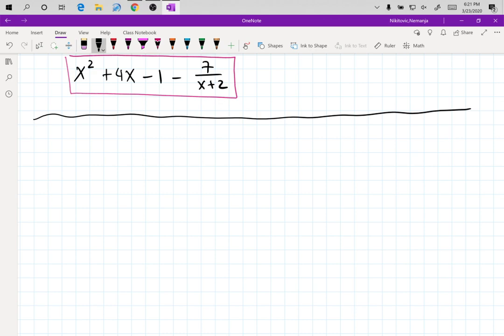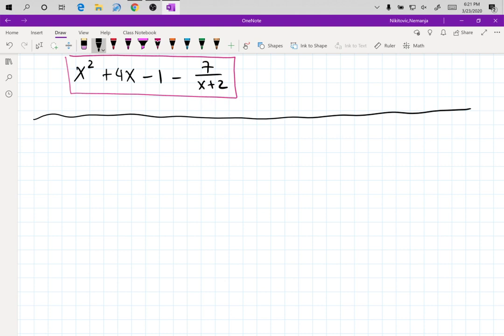So don't panic. For the next example, we are going to take something that divides without remainder.